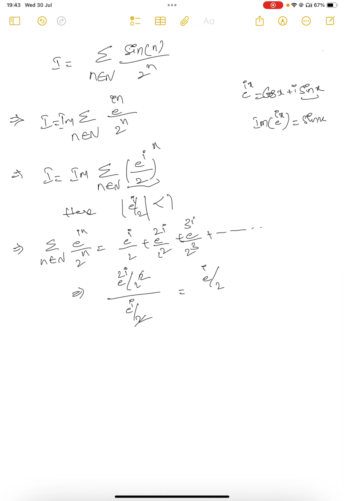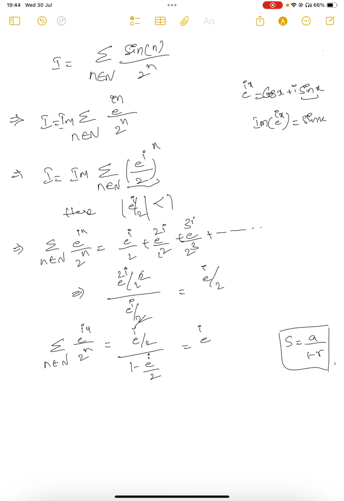The summation formula for infinity is a by 1 minus r, which you might have remembered. Here the first term a is e power i by 2, and 1 minus r is 1 minus e power i by 2.